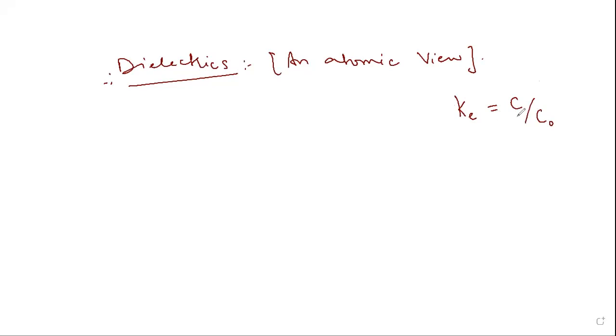So C is greater than C naught, because K is greater than 1. For vacuum, the dielectric constant is 1. And we said there are two ways we can insert a dielectric between the plates of a capacitor. In one way, we charge the capacitor and disconnect the battery.